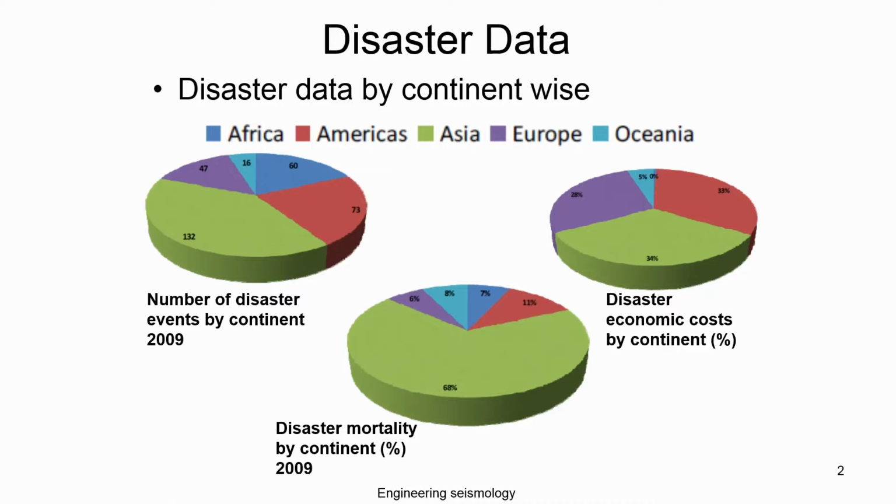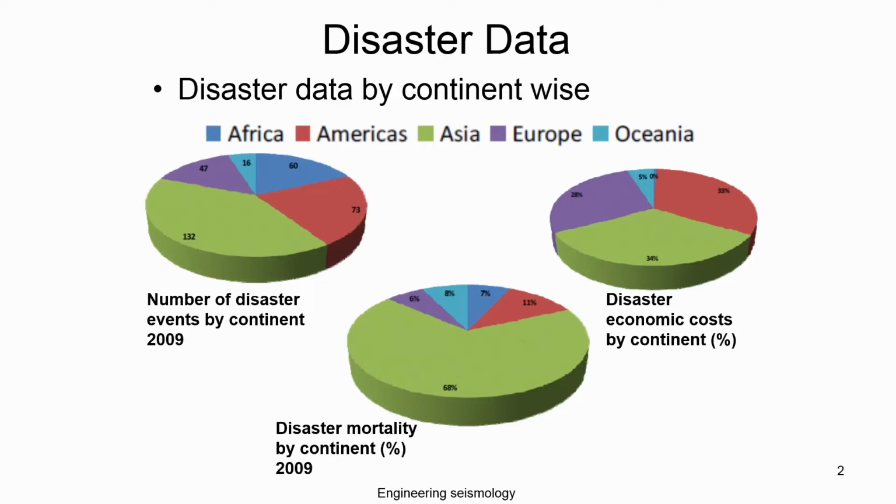We also highlighted that even though around 70% of the deaths occur in Asia, the economic loss was almost equal to that of the European and American continents because of the difference in cost of living. This is how we tried to understand the impact of disasters. Our economic loss is not so high, but the human casualties are higher in Asia, which may be because we are densely populated.